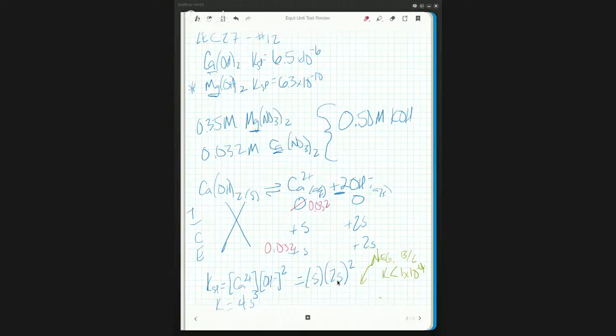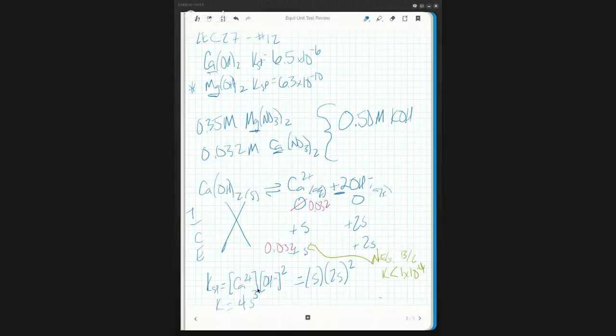So we're not really looking for S. But basically, because this S is negligible, I'm going to change my arrow here. The S here is negligible because K is less than 1 times 10 to the negative 4th. I apologize for that confusion. And you're looking for, because you're adding potassium hydroxide, the potassium hydroxide.